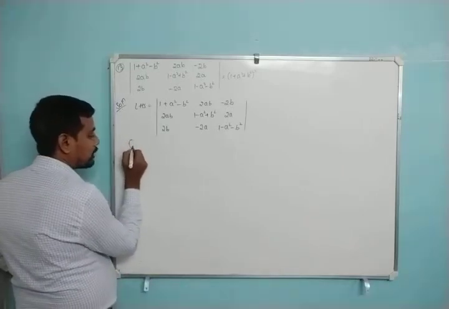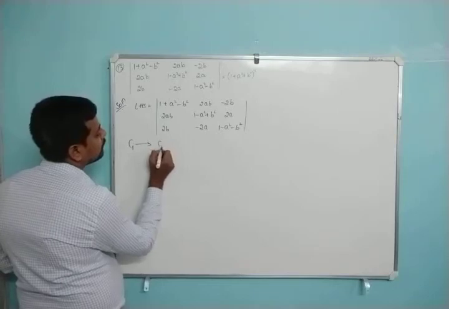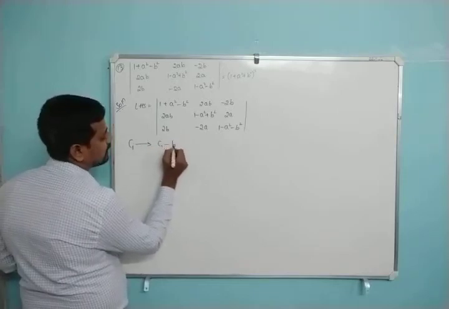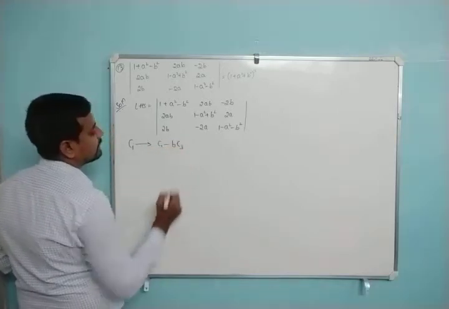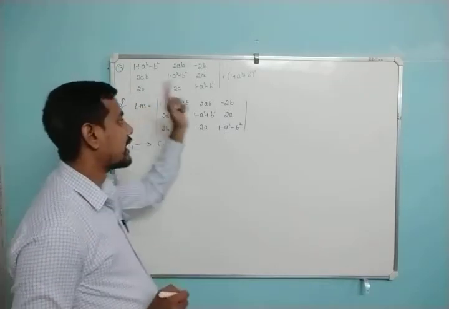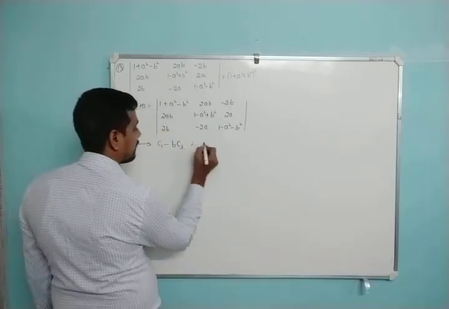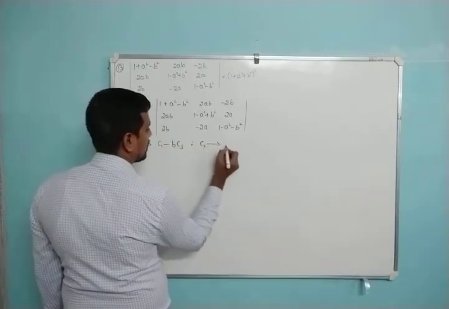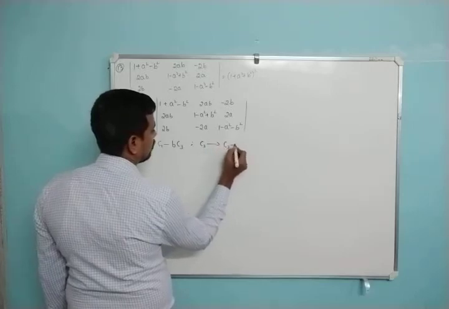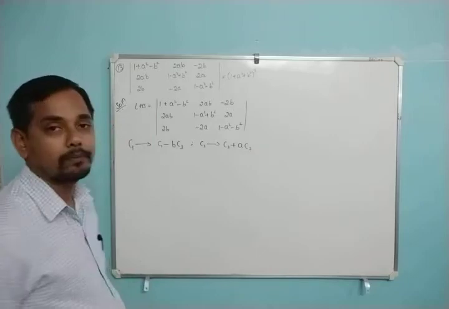What I am going to do is C1 changes to C1 − B·C3, whereas C2 changes to C2 + A·C3. Right?